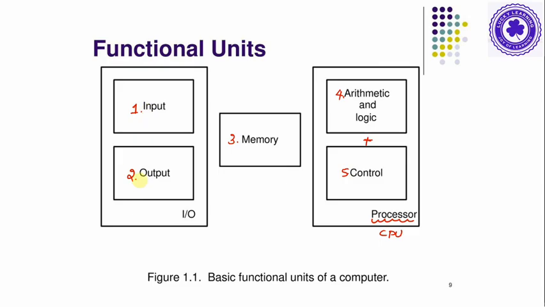Input and output are not the input output devices; these are called input output processors. This is called the IO processor. Input and output together are called the IO processor. ALU and control unit together are called the central processing unit. And memory can store both program as well as data.